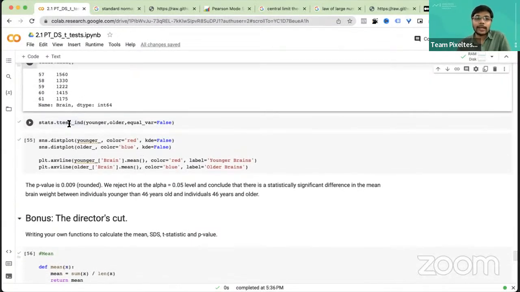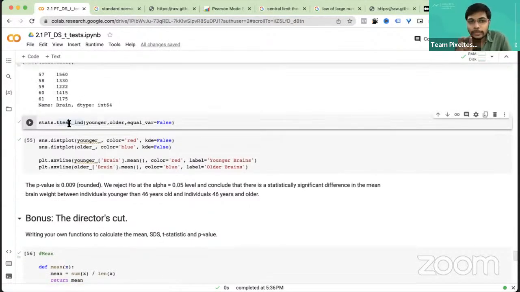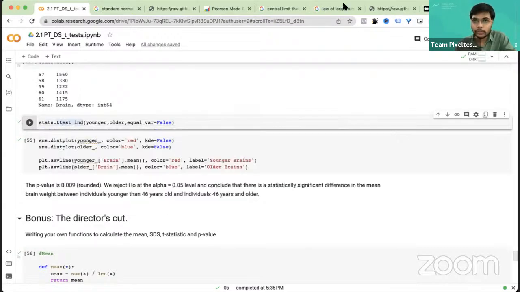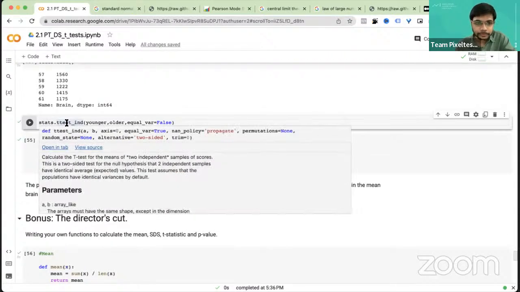Now, our 2 sample t-test, how it works is you give the first data set, younger, then the second data set, which is older, and then we are going to say equal underscore var equal to false. So let me go ahead and hover on it. You can see the definition says a and b and equal_var equal to true. Let me read the definition.